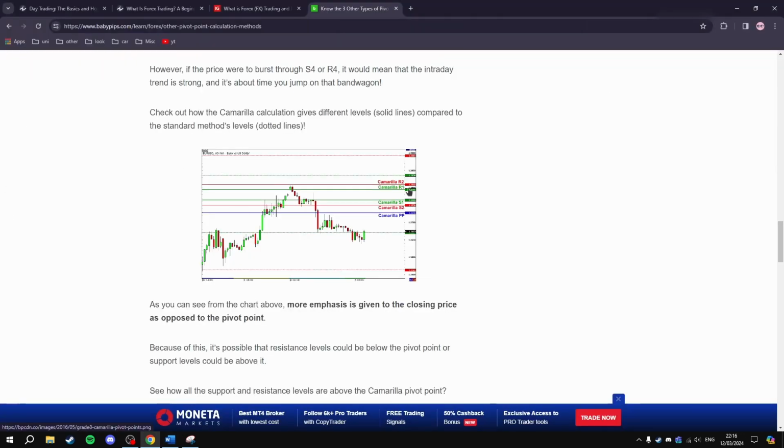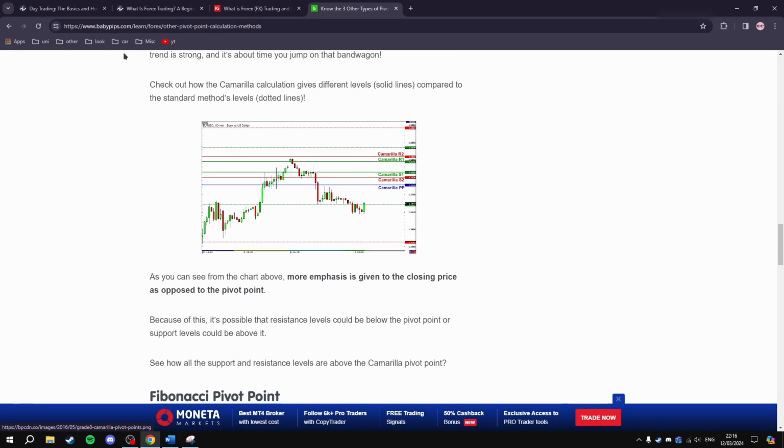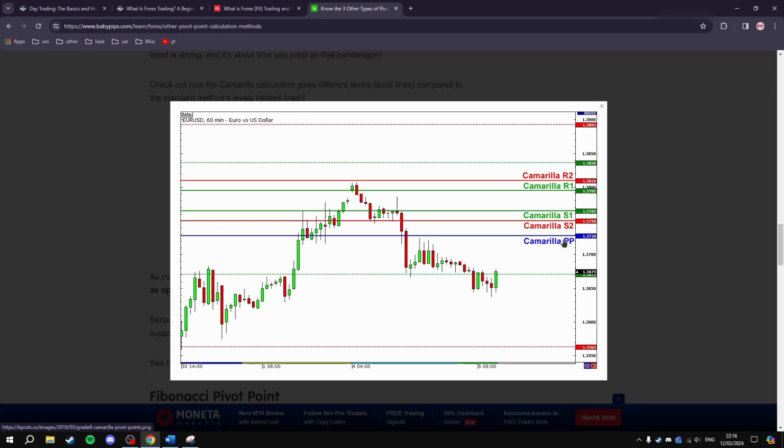Check out how the camarilla calculation gives different level solid lines compared to the standard method level dotted lines. Where is the normal pivot point? Is that where the normal pivot point is?